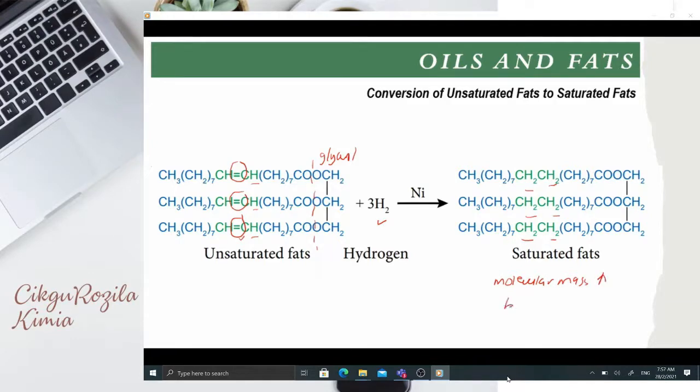Therefore, the boiling point and melting point also increase. The physical state changes from liquid to solid. Tapi kita boleh tengok kalau margarine ni dia sangat lembut, betul tak? Kita expose dia kepada haba yang lebih sikit, dia akan cair. Okay, so dia tidaklah terlalu keras macam lemak haiwan.